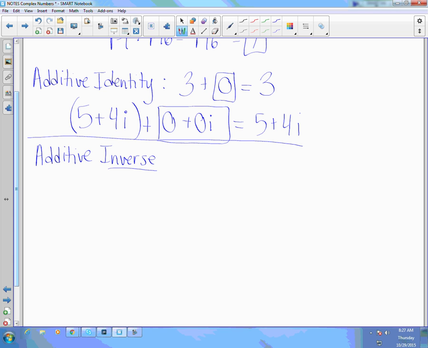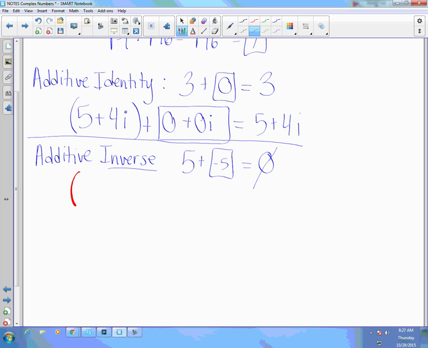So we're going to do it as opposite. So it will be 5 plus what would equal 0, essentially has to be eliminated. 5 plus what would be 0 with its additive inverse? -5, because they were completely eliminated, right? So that's what we're going to do for the complex numbers.